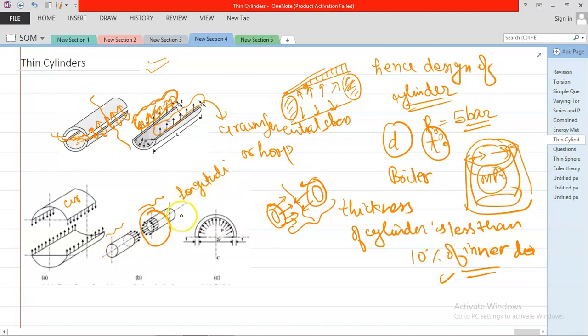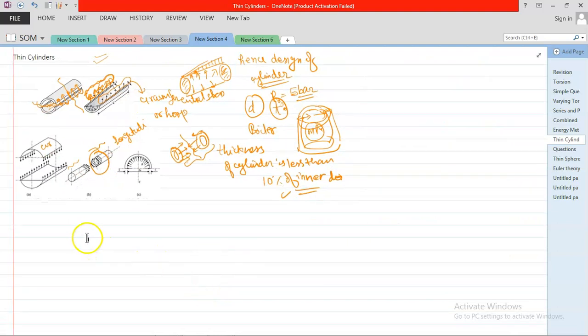So what I want to say, in figure, suppose this is your cylinder. Now if you see the circumferential stress, it tries to split the two parts, and if it doesn't split, it will increase the diameter.